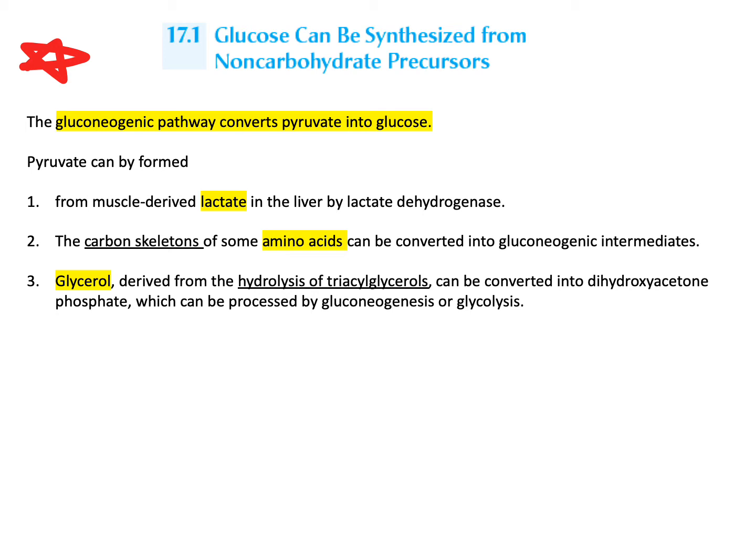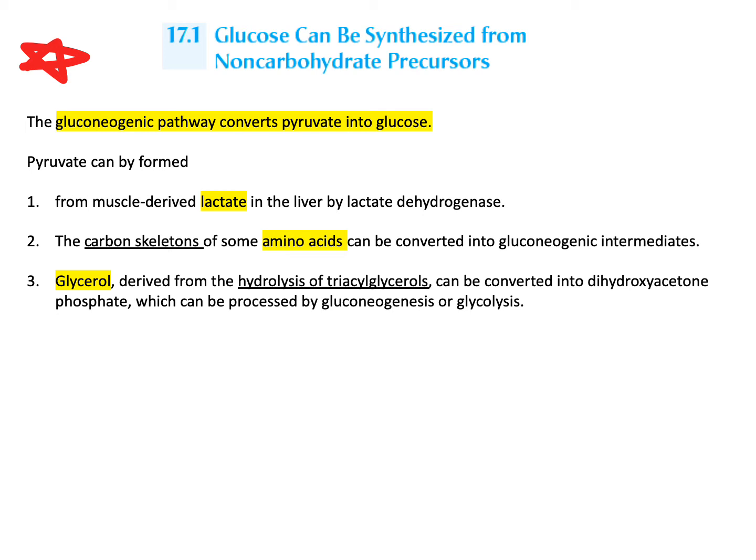They don't have muscles. The muscle will break down to amino acids. And it's not the amine in the amino acid that can be synthesized to pyruvate, because pyruvate is a carbohydrate. It's the carbon skeletons of some amino acids that can be converted to pyruvate.